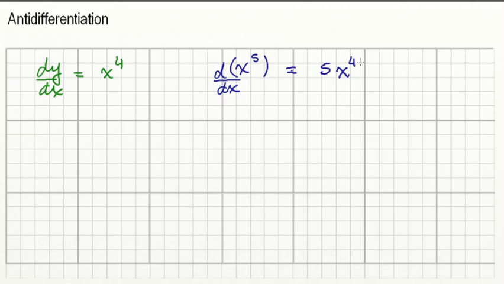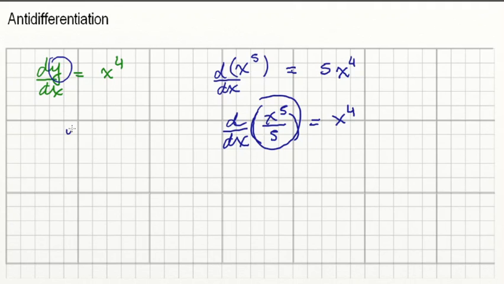So I can divide both sides here by 5. And then I would have x to the power 5 over 5 is equal to x to the power 4. So do you see, this is our y here. So we have found that our function is y equals x to the power 5 over 5.